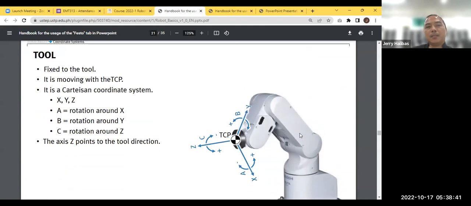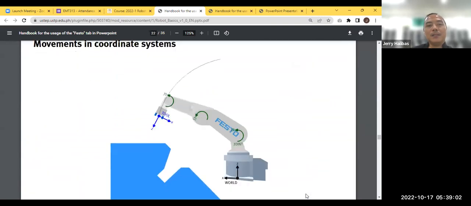Okay, so we already know the TCP. It is still the TCP. If you are going to rotate in the TCP tool, it rotates about the TCP, not about the base. Okay, so it's the same thing.